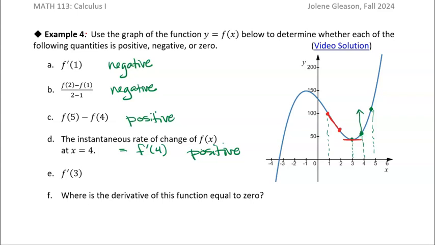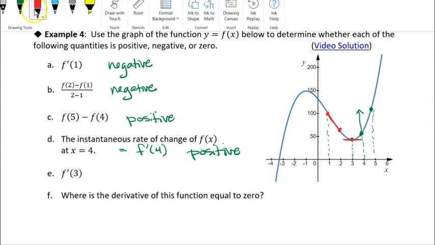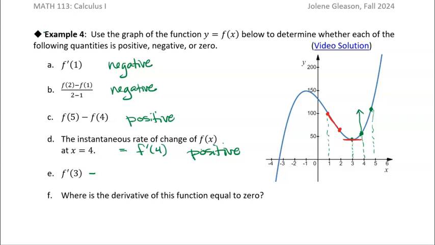Anything a little bit greater than 3 is going to be positive. So I'm going to say that this slope is horizontal. It's a horizontal line, so it has 0 slope, right? It has no rise, and it's all run. So rise over 1 would be 0. All right, 0.